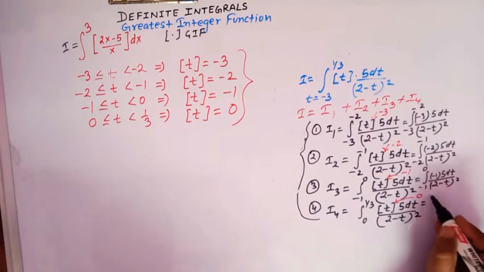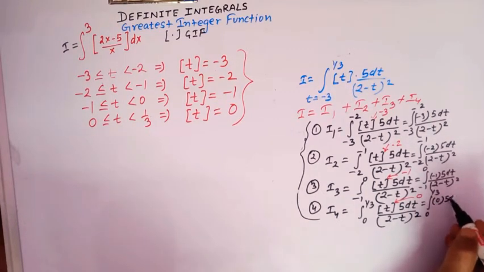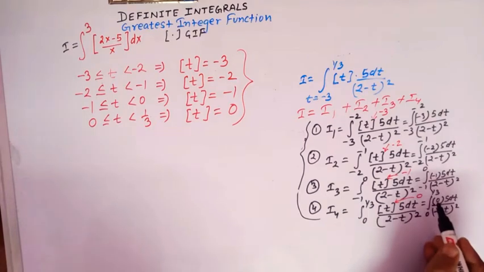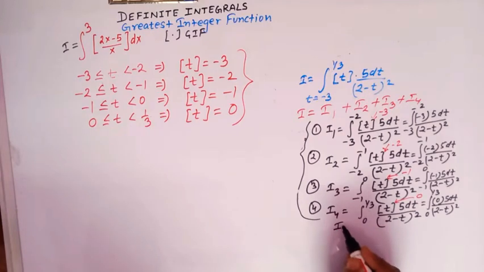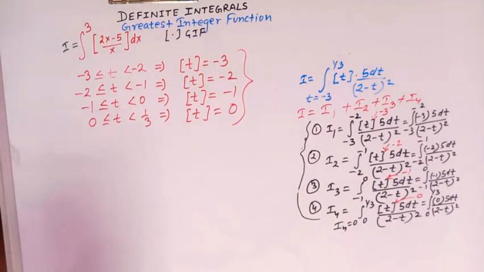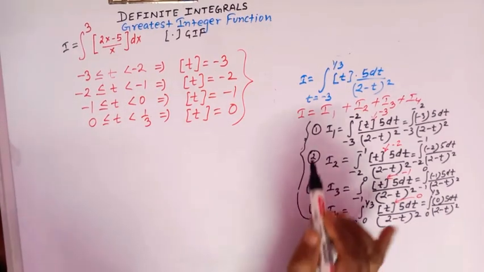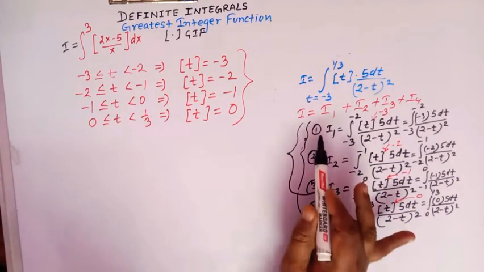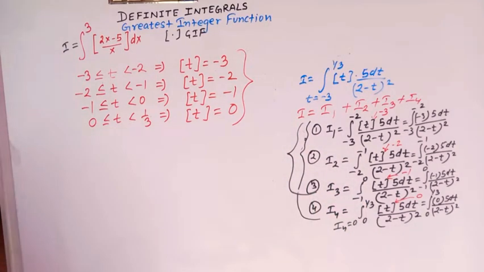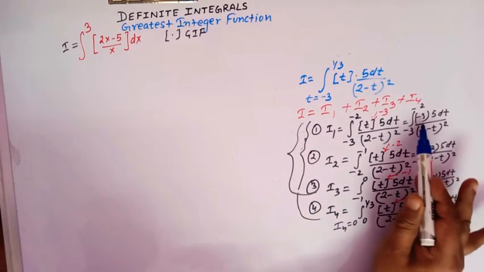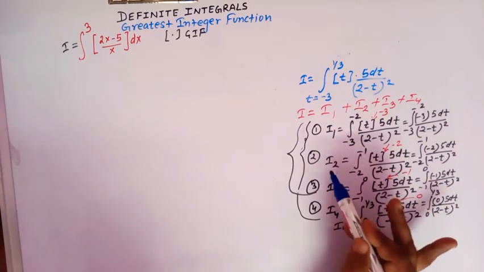Here in the integrand we have 0, so the value of I4 is equal to 0. I4 is not going to contribute anything to the value of the given integral I. So we have to find the values of only I1, I2 and I3.